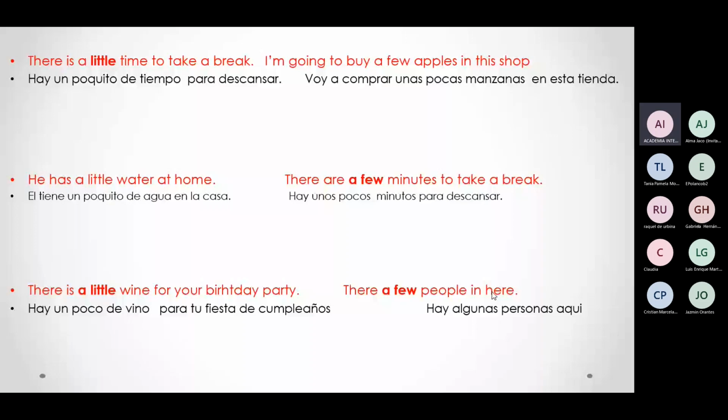Do you feel that it's a little bit difficult for you, or you have understood very well? ¿Se ha entendido más o menos cuál es la diferencia entre ambos? Because at the end we are going to make some exercises, and I hope that all of you participate, right?